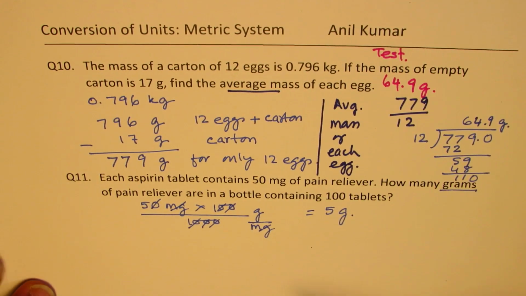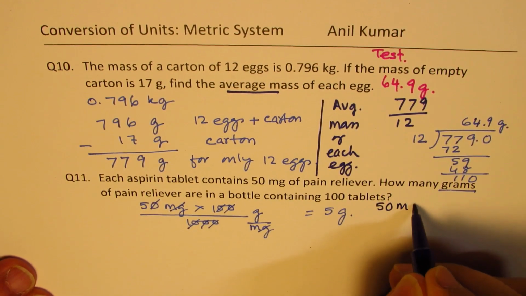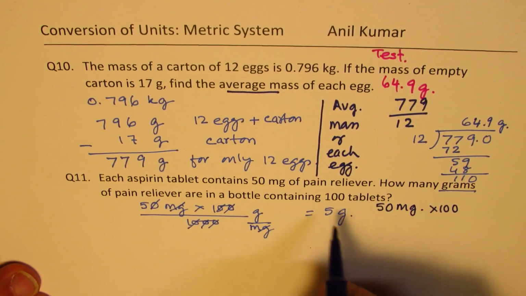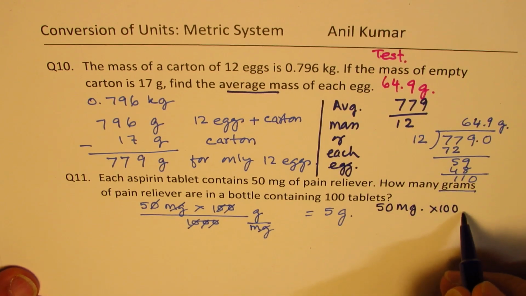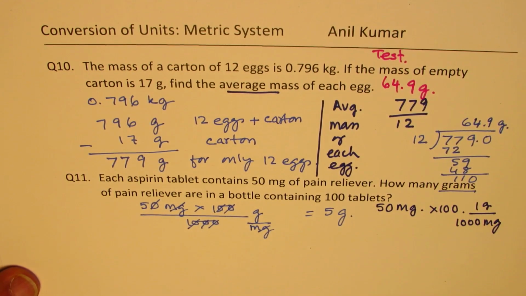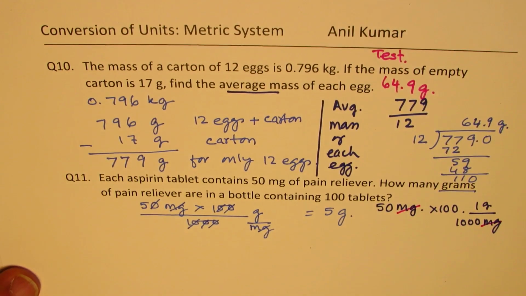Let me redo this calculation. We had 50 milligrams. So I'm again doing this. 50 milligrams times 100 tablets, right? So that is just a number. We want to convert this to grams. So we'll do 1 gram is equal to 1000 milligrams. So that is how we'll convert. So you can cancel the units, milligrams and milligrams.